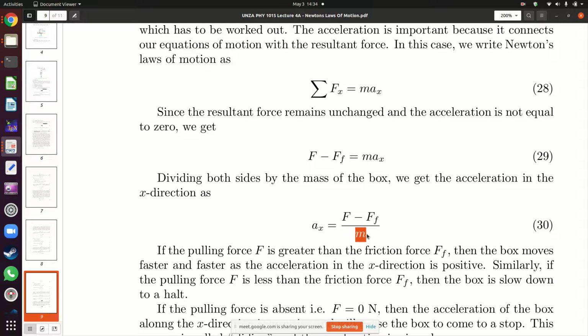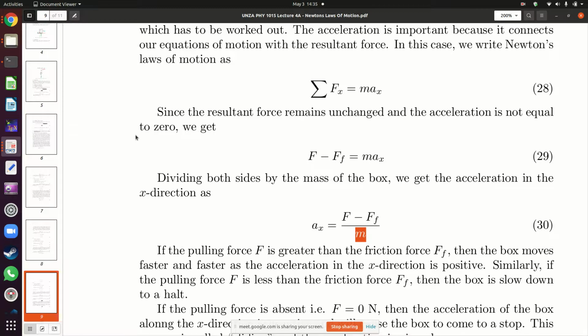If the resultant force is present, then you can use Newton's second law of motion to find the acceleration of that object. How are you going to know that the resultant force is present? You know it is present if the object moves faster, meaning the velocity of that object increases, or if the object slows down, meaning the velocity reduces.